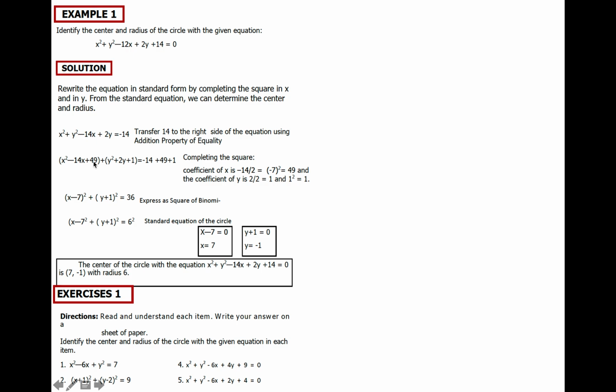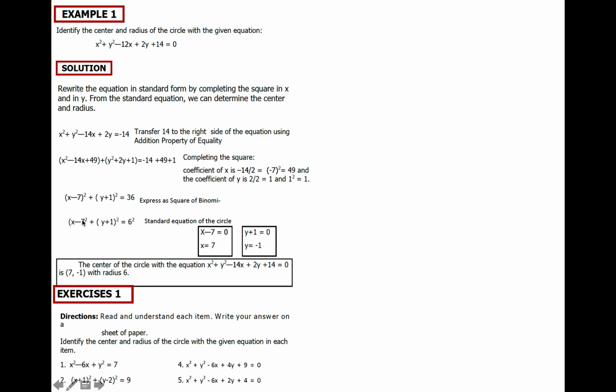Since you've added 49 and 1 on the left side, we have to add 49 and 1 on the other side as well. So from negative 14, you have to add 49 and 1 because you wanted this to be a perfect square binomial. All right, now since this is a perfect square polynomial, it becomes (x minus 7) squared, and this would be (y plus 1) quantity squared. Negative 14 plus 50 equals 36, giving that r squared is 36, therefore r is 6.